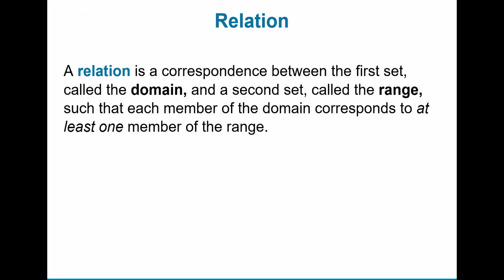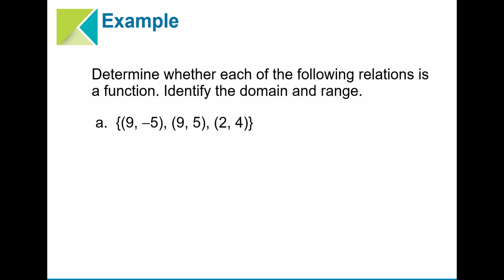All right, and so we talk about these relations being a correspondence between the first set called the domain, and again, just keep thinking about this. You're going to hear me call it your x values, and then your range, your y values. Determine whether each of the following relations is a function, and then look at the domain and range.